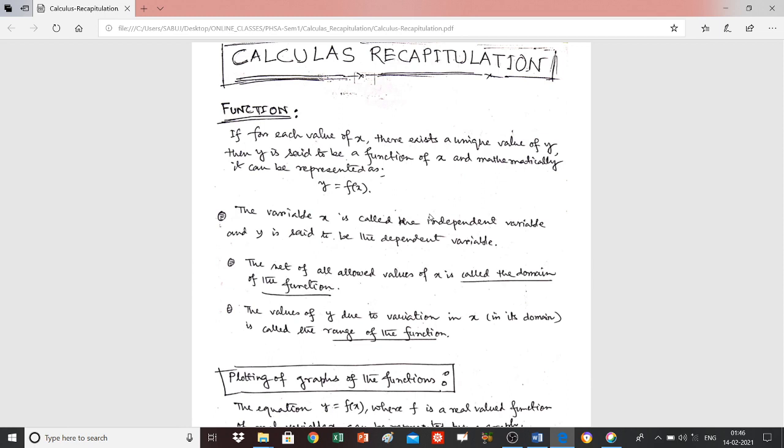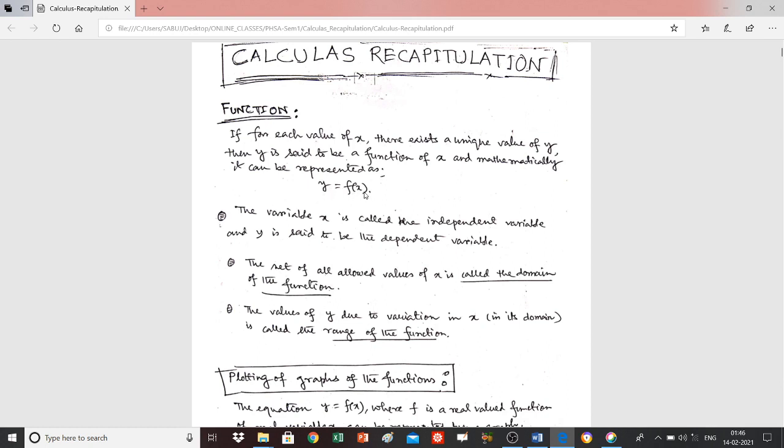It is not very difficult to understand in this case that the variable y is the dependent variable and x is the independent variable. To represent a function, you need to have a dependent variable and an independent variable. You can mathematically represent a function, that is y as a function of x, in this way.